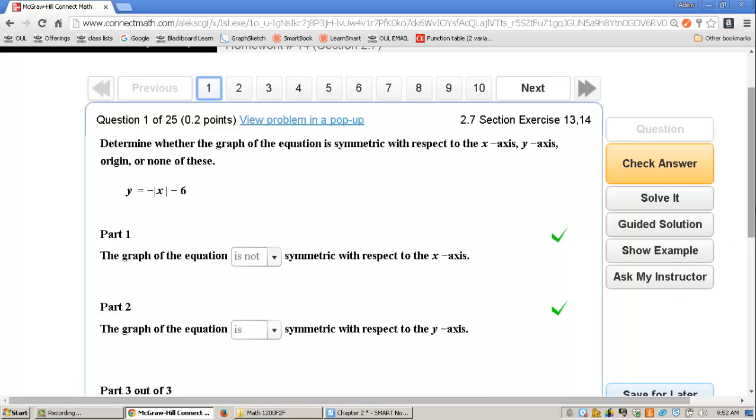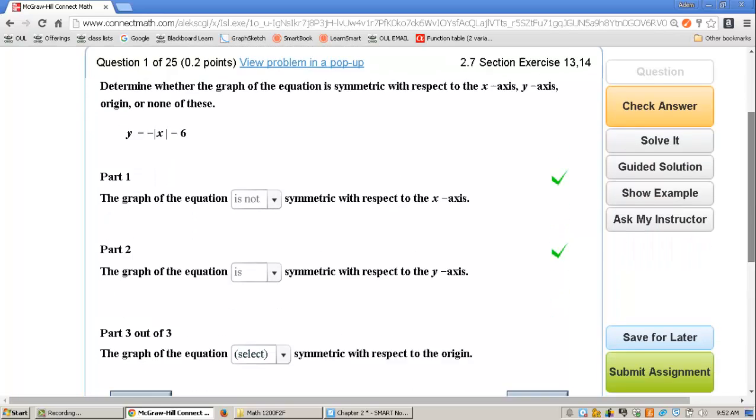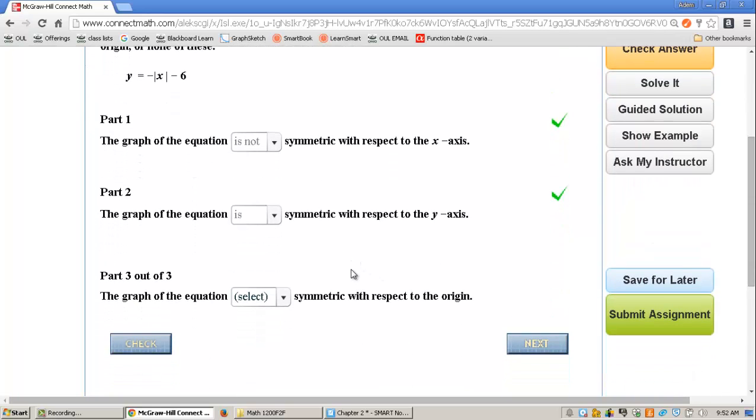And the final one. We need to test for origin symmetry. Oh, can I say it's not symmetric directly because one of the symmetries didn't work?